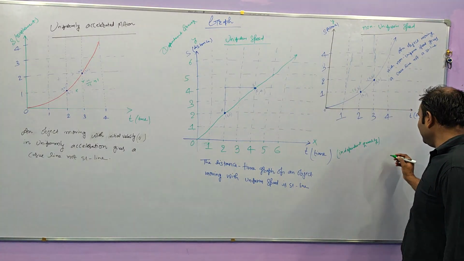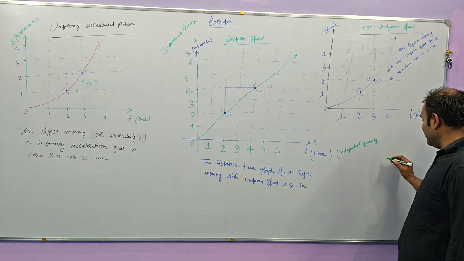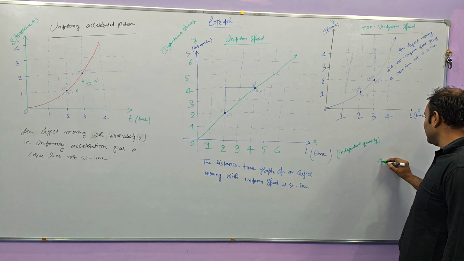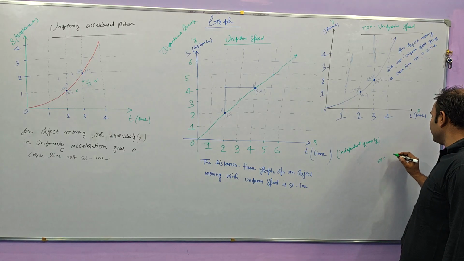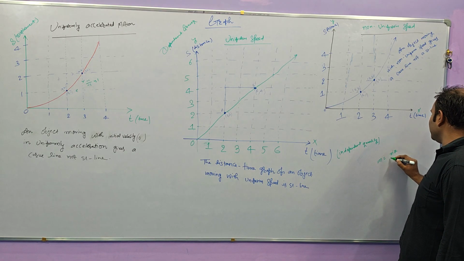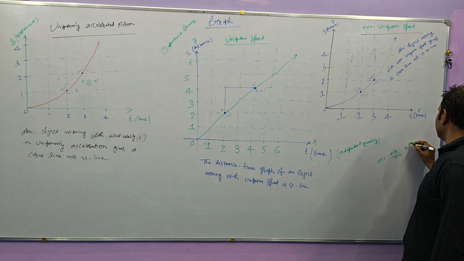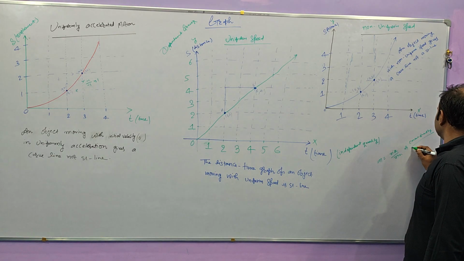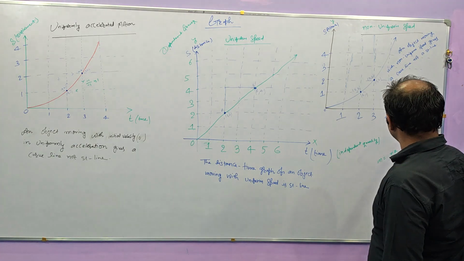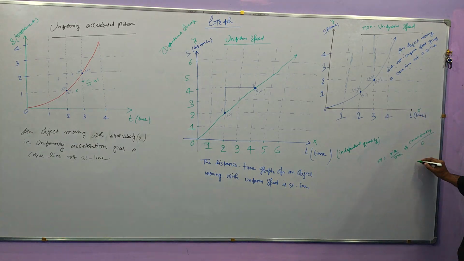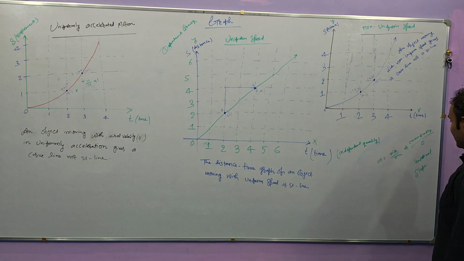Undefined means when m is equal to rise upon run, which is some constant quantity with a zero in the denominator. That is an undefined slope.